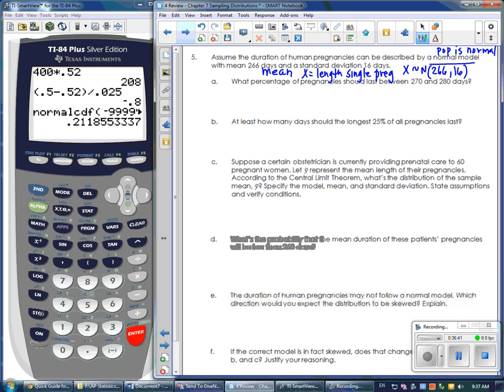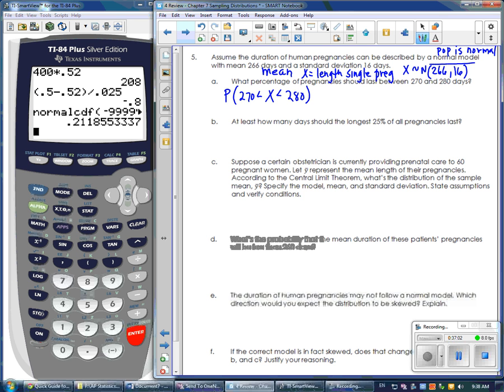Okay, now that I have that in part A, where it's asking what percentage of pregnancies should last between 270 and 280 days. Again, I'm looking at single pregnancies. And so I'm dealing with just a single observation. So the probability that X is between 270 and 280 days.